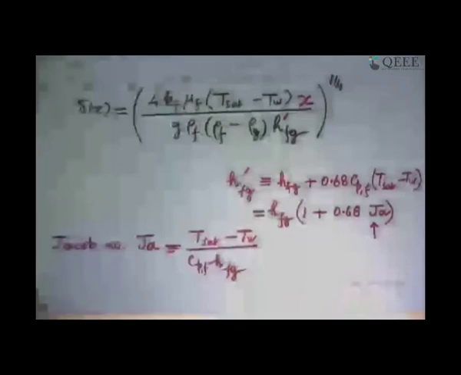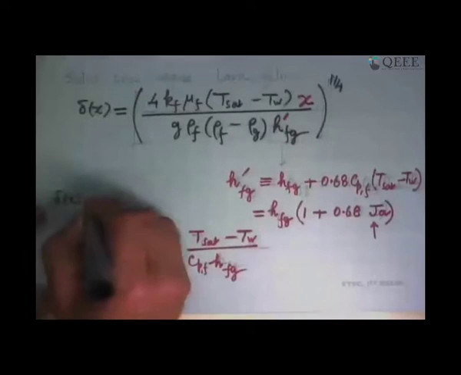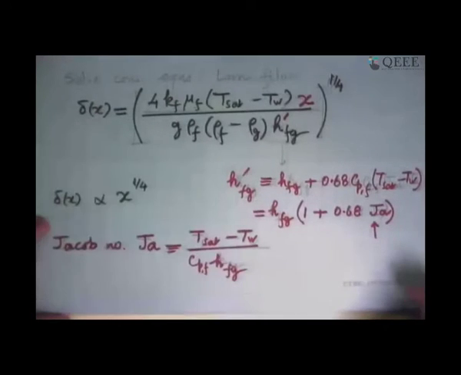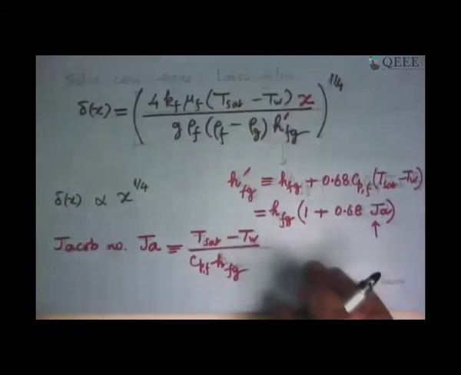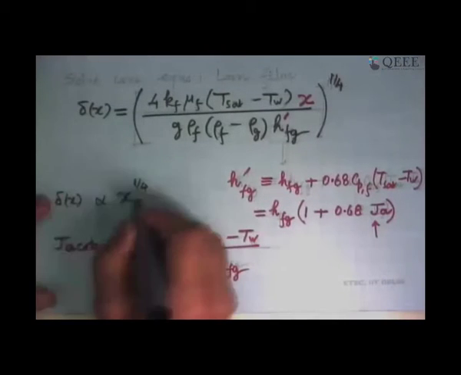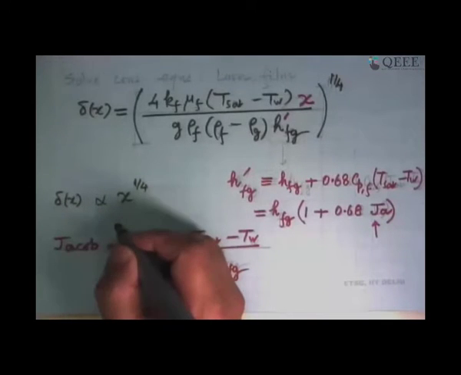Now, when you look at this, it is telling us that delta x varies as x to the power 1 by 4. And qualitatively, this is telling us that as x increases, delta x increases, but rather weakly, and that's exactly what we have drawn to begin with in the first place.